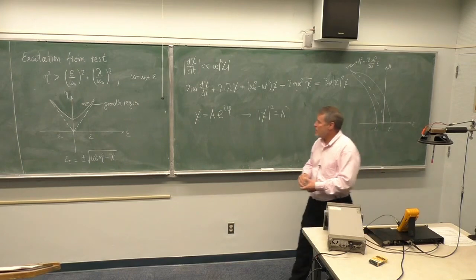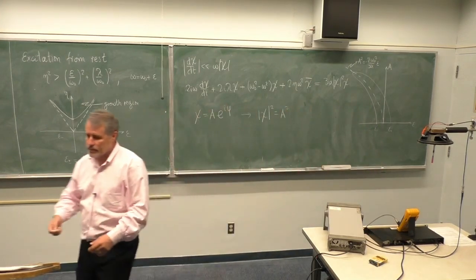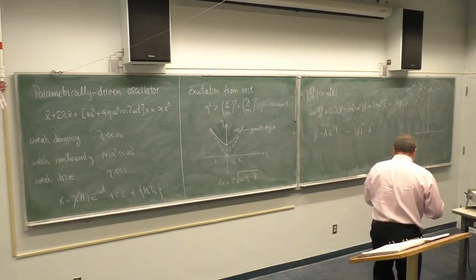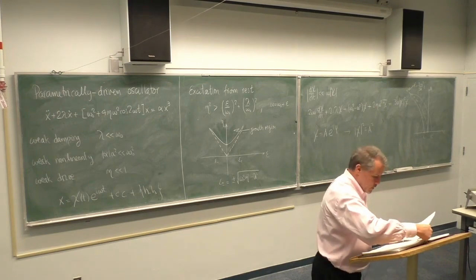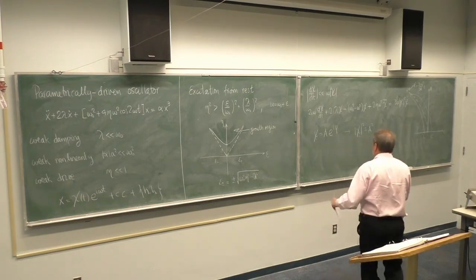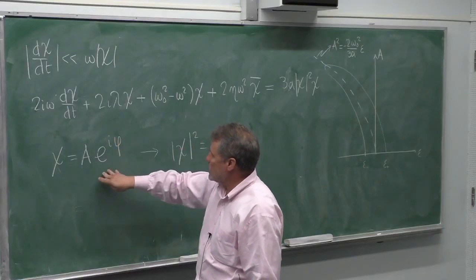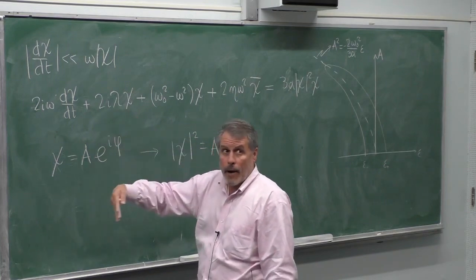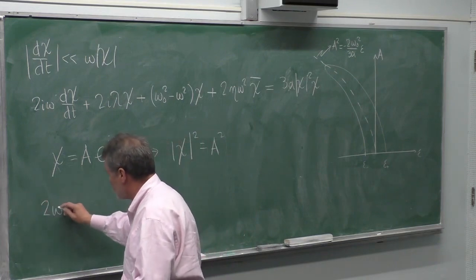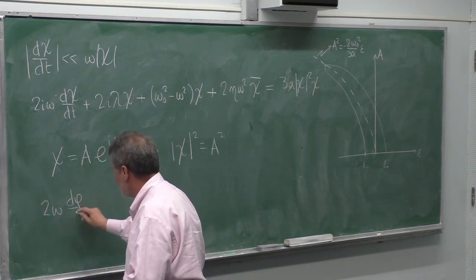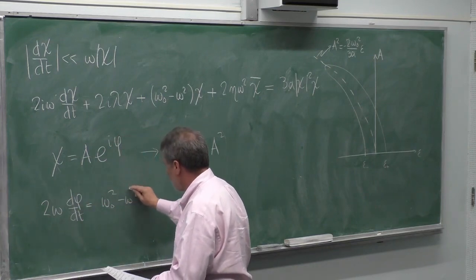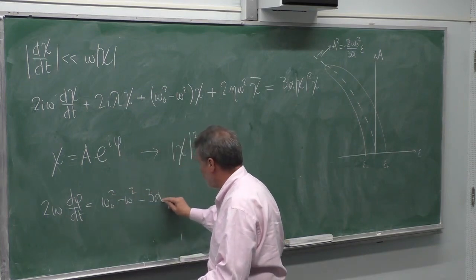So with the same approaches we have done, and also because it's on your homework, we get the following two equations, one for the phase and one for the amplitude, which are the result of shoving this into this expression and picking the real and the imaginary part. For the real part, we have the equation 2ω dφ/dt equals ω₀² minus ω² minus 3α a².